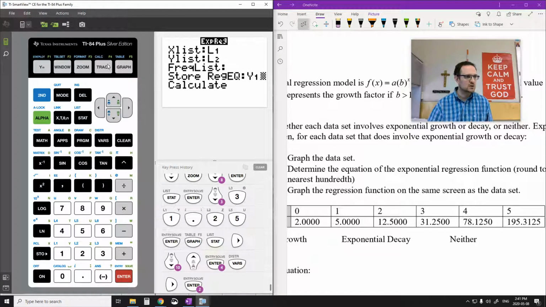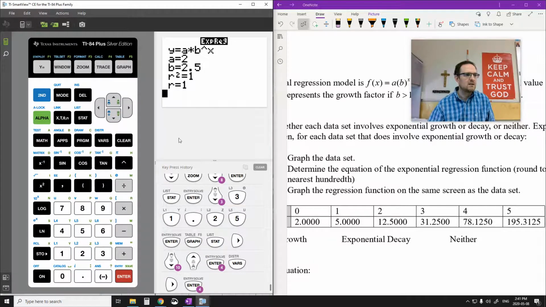Go down to calculate. You notice my r squared is 1. You want your r squared to be 1, or as close to 1 as possible, like 0.999 or so. Something like 0.8 or 0.6 is not a very good regression. Okay? You notice that it tells us two things as well. Our A and our B.